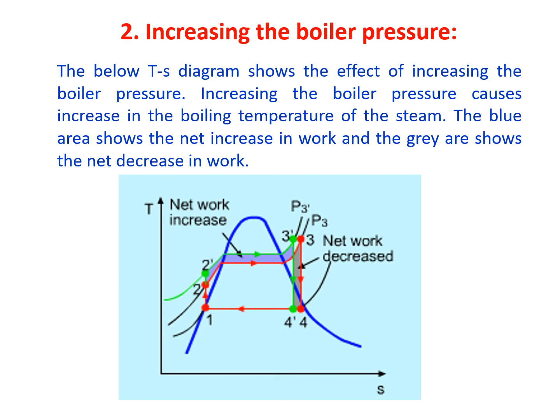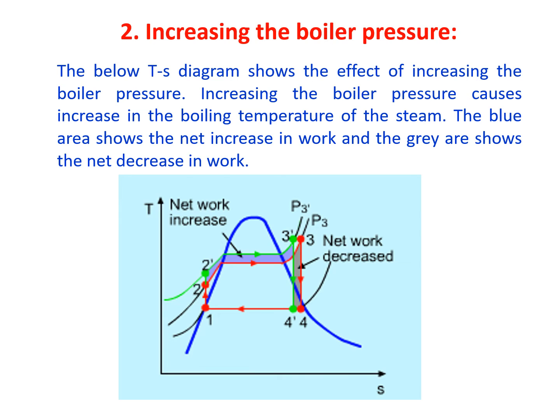Second method is increasing the boiler pressure. In the previous method, we reduced the condenser pressure. Now we are going to increase the boiler pressure. That means it will increase the boiling temperature of the steam, as we know that the pressure and the temperature are directly proportional. If you increase the pressure, the boiling temperature will increase. That is the basic concept we have to understand.